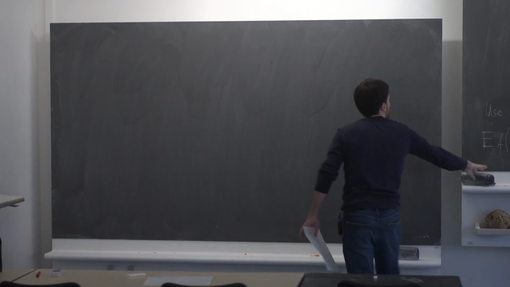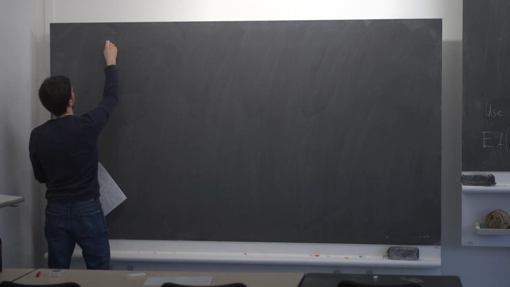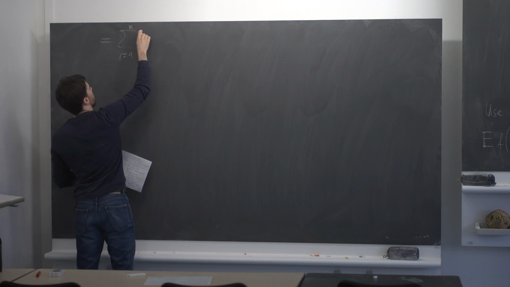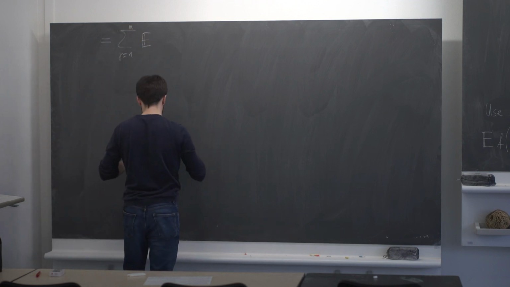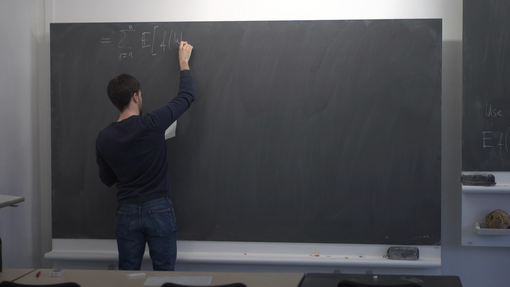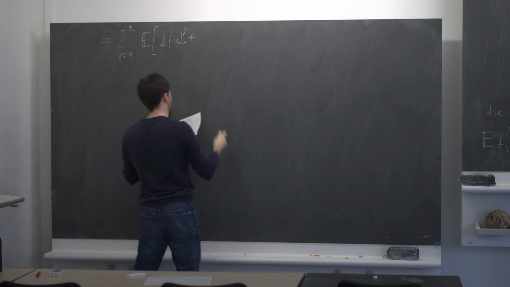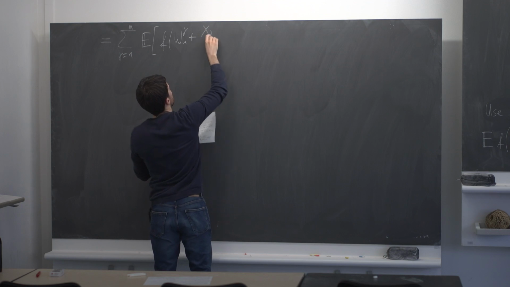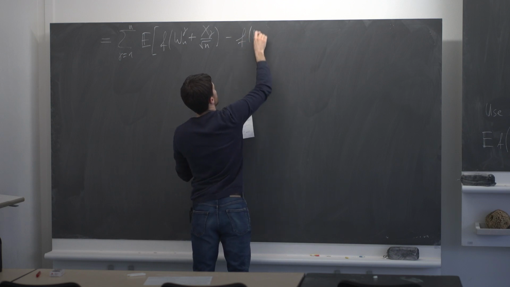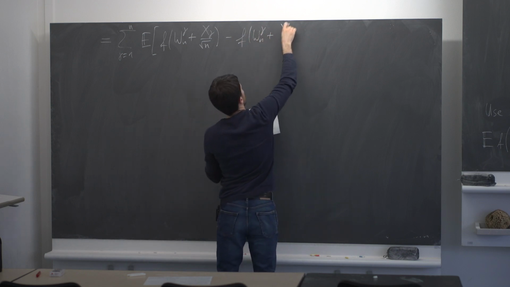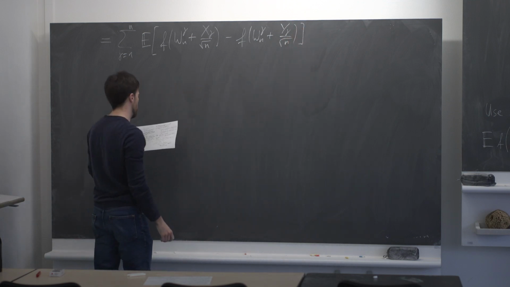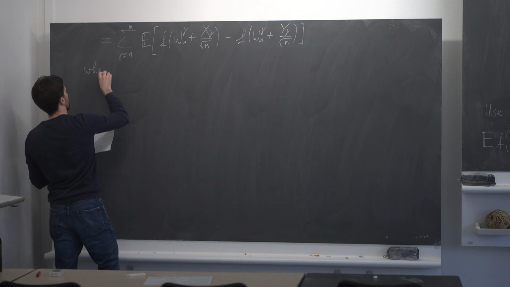So this sum is the same as the sum over gamma from 1 up to n of the expectation of f of W x gamma over root n minus f of W n gamma plus y gamma over root n. And what is the w?